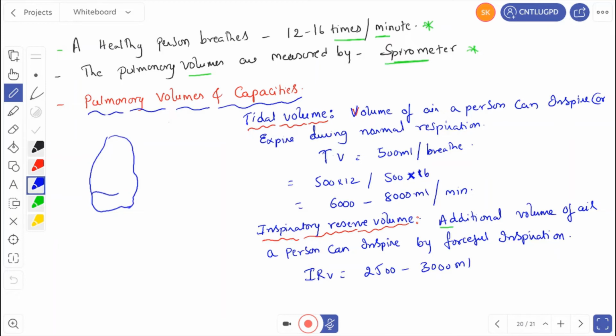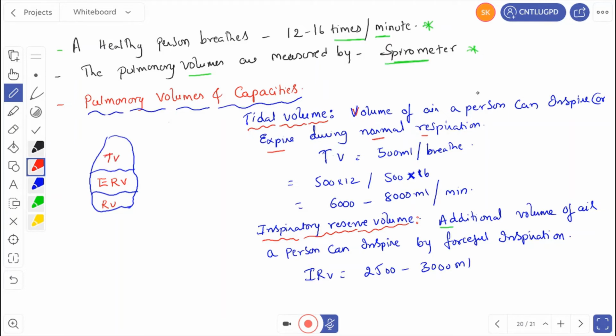Already inside the lung there are two volumes present: the residual volume and the ERV, expiratory reserve volume. The first one is tidal volume. Tidal volume is the volume of air a person can inspire or expire during normal respiration. So the volume a person inspires is this one.